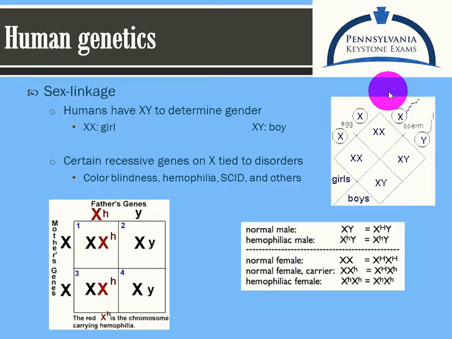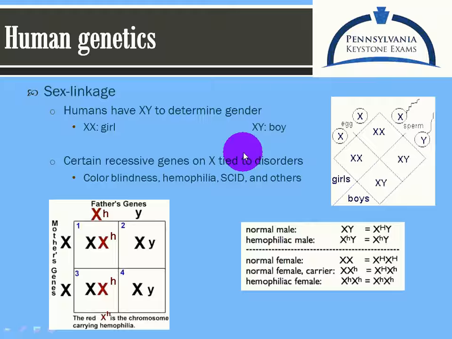Your 23rd set is the set of chromosomes that determine your gender. If you have two X's, you are a girl. If you have an X and a Y, you are a boy. So for males, you're the ones that determine the gender of your baby. If you donate an X, it goes with mom's X to make a girl. If you donate a Y, it goes with mom's X to make a boy.